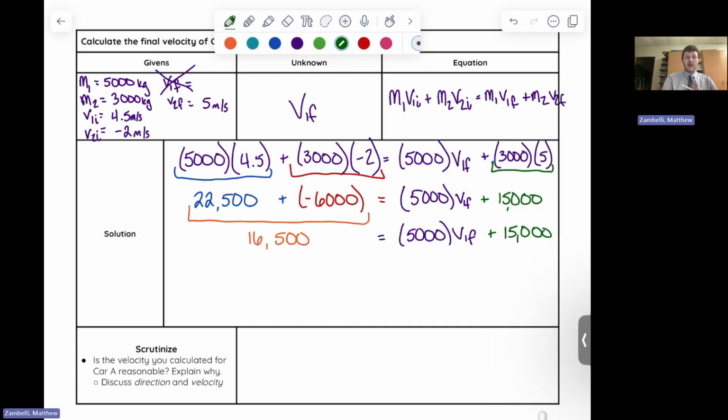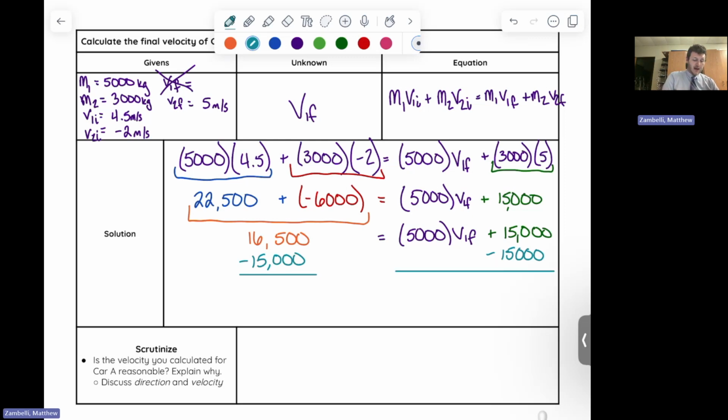Now that we only have one thing on the left side, we want to get our variable with its coefficient to stay alone, which means we're going to subtract the 15,000 from both sides, so that on the right side, it goes away completely.